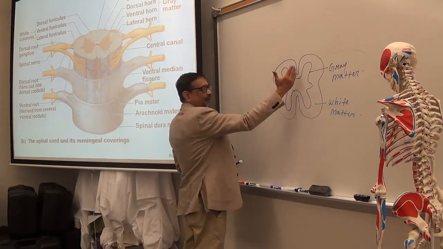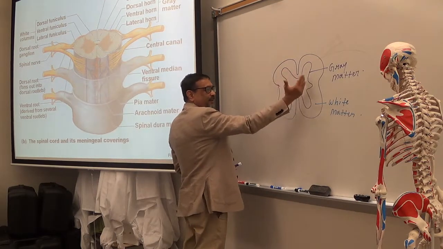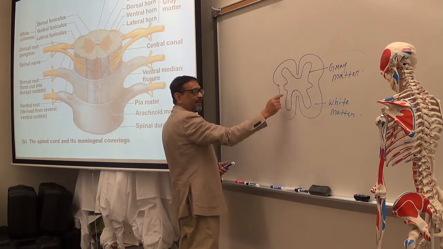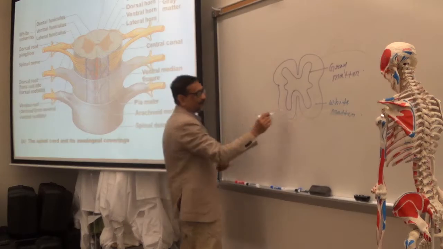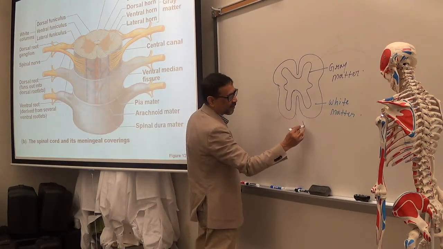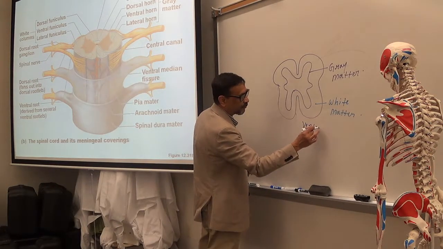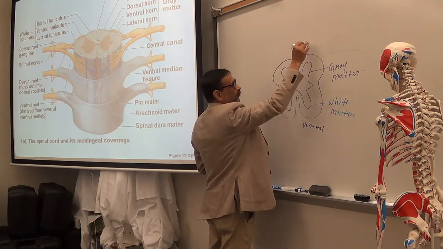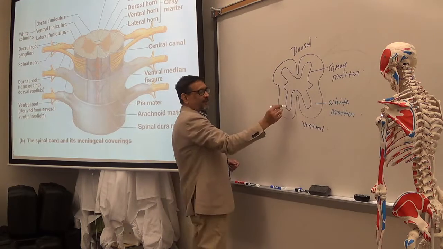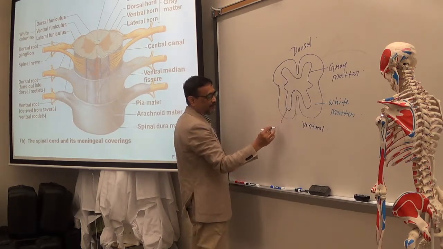Now, on each side of the gray matter, you have 3 horns, horn-like structures. If this is the front, ventral, this is back or dorsal. This is called the ventral horn.